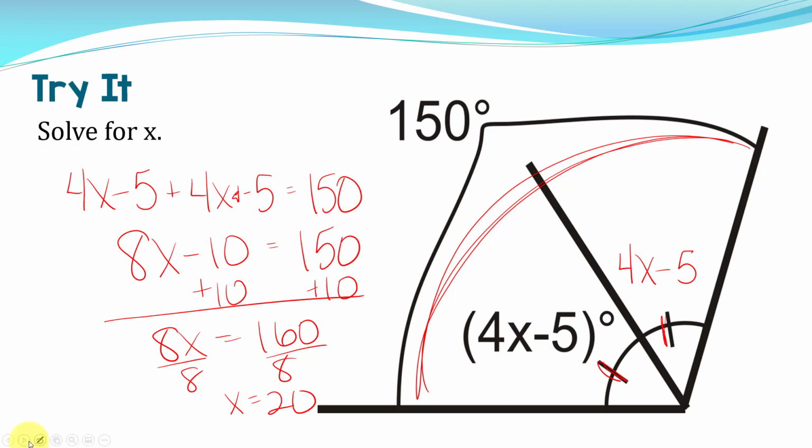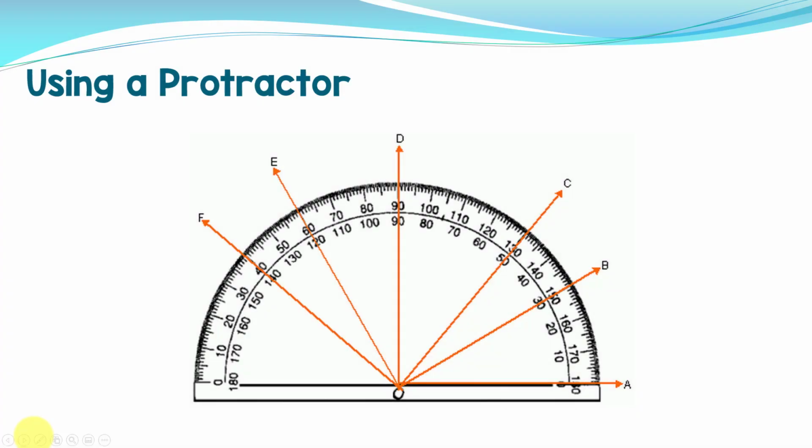Okay, and the last thing we want to look at is how to use a protractor. So we'll practice this in class, but if I have an angle and need to actually measure its angle measure, that's what we use a protractor for. So I would line the protractor on my angle, like here, my angle at the bottom.